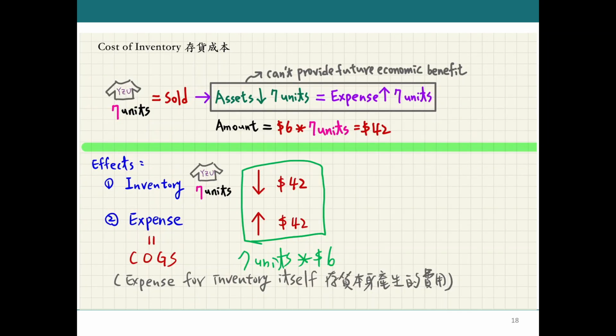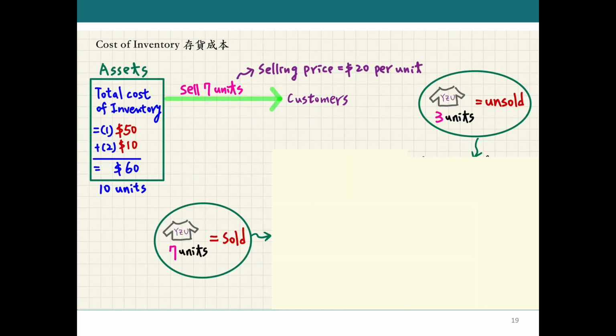So where could we find the information on our financial statement? Remember, expenses. We will find expenses on the first financial statement, right? You will find inventory on your balance sheet. So we still have 3 inventory unsold.